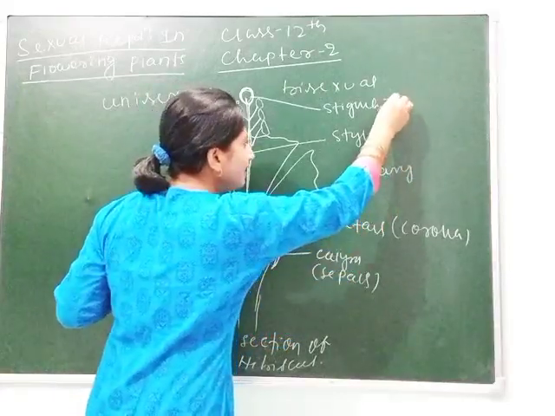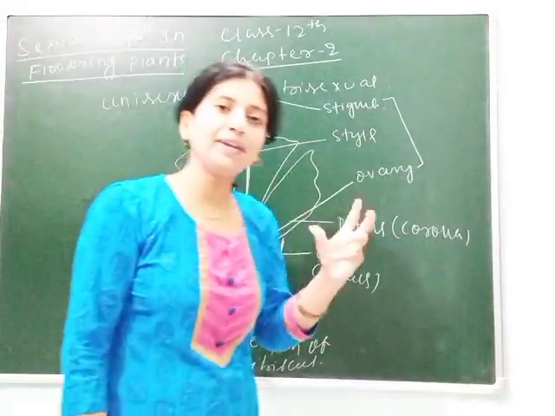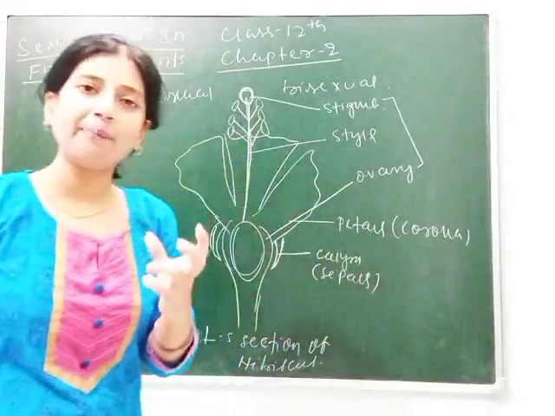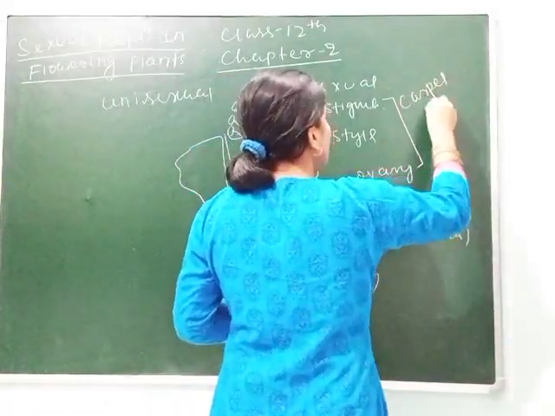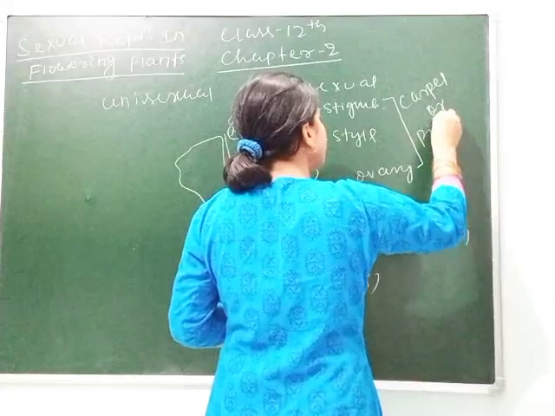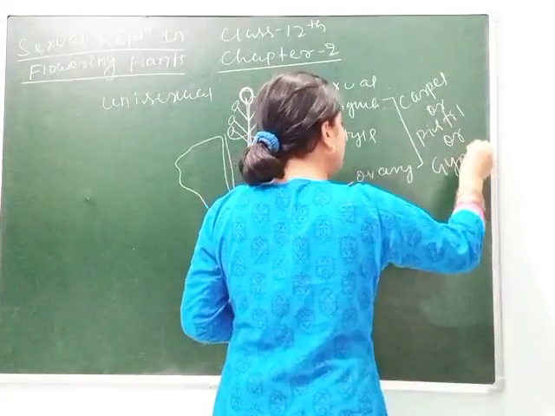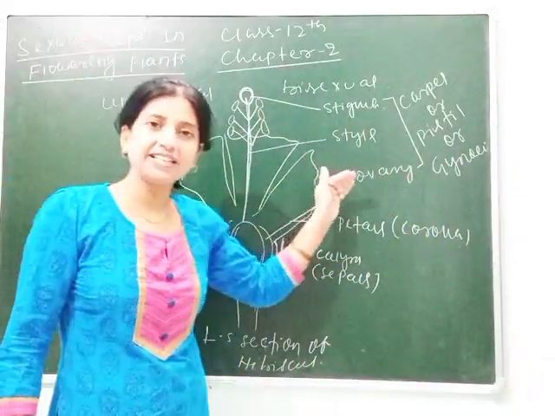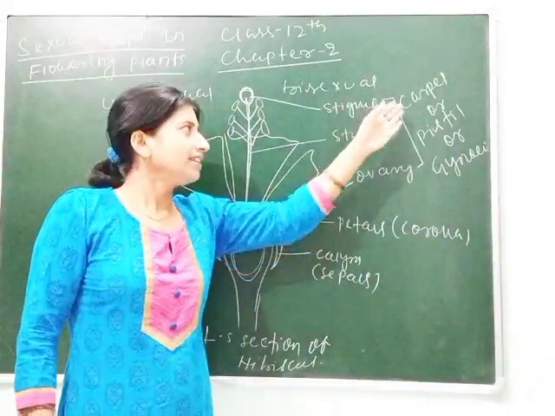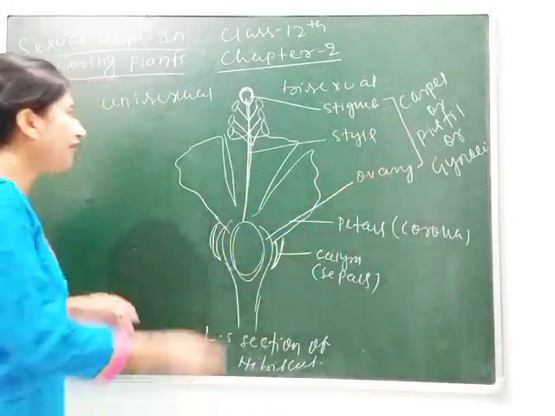So stigma, style and ovary combine to form the female sex organ, which is called carpel or pistil or gynoecium. Clear? Stigma, style and ovary represent the female part, and the female part is called carpel, pistil or gynoecium.